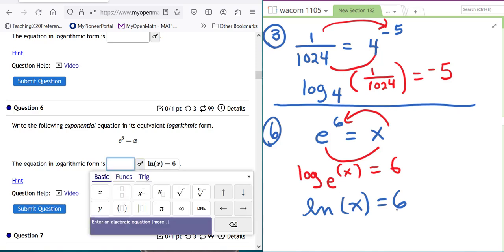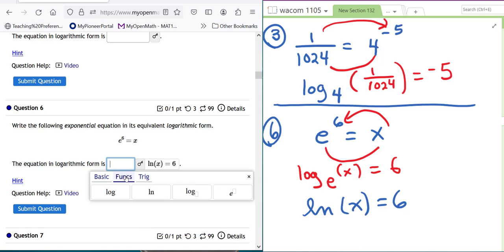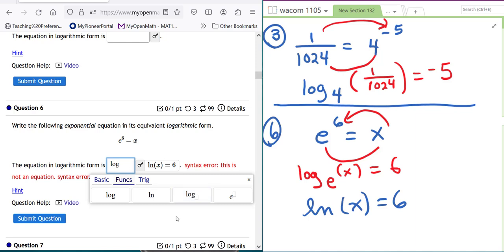Let's type it in. All right, let's see what we would type here. Functions maybe. If we typed log base E, I did E from the keyboard, clicked with my mouse, X. Now I'm doing equals from the keyboard.